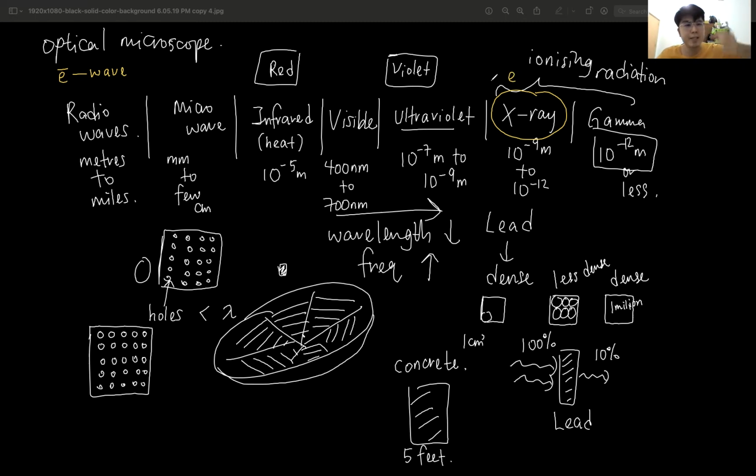Then, because electron has a wavelength, they think we can use electron to see even smaller objects using the wavelength of electrons. That is how they get the electron microscope. Optical microscope, you need light, right?